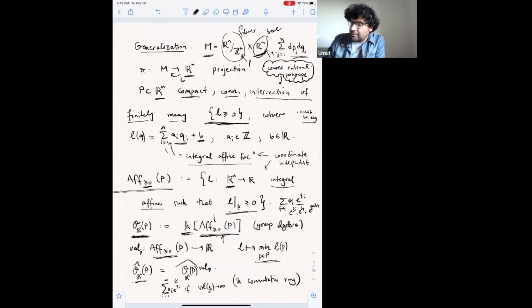So you define the valuation of an affine function by taking the function, evaluating it at every point of your polytope, and taking its minimum. Then you can define a completed group algebra using this valuation, where you allow infinite sums like this, as long as these elements g_i have valuations going to infinity.